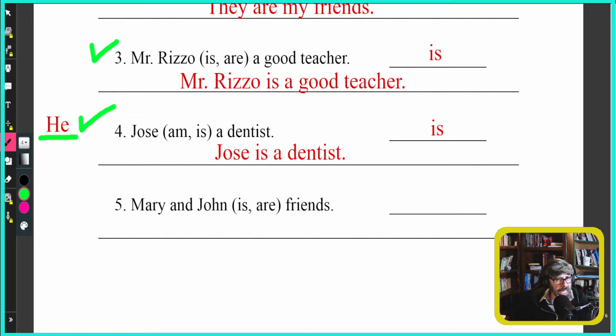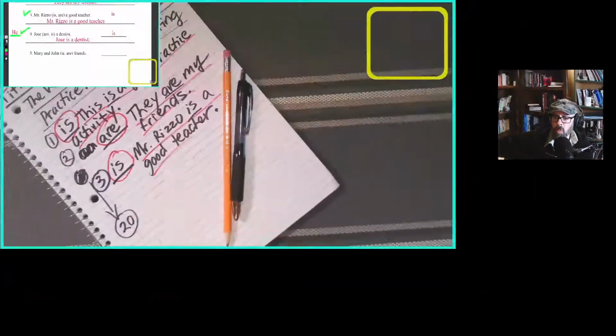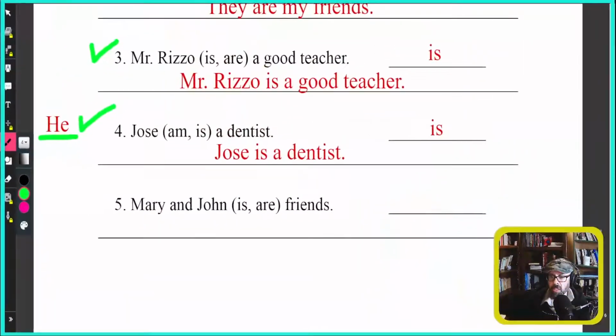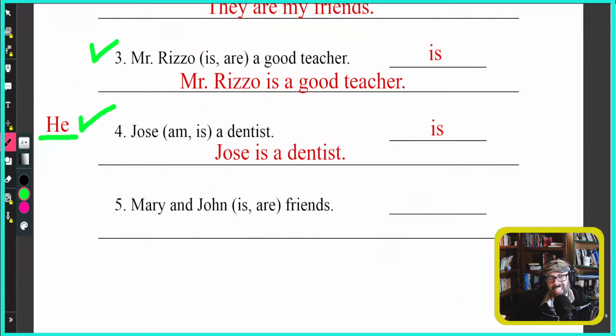Mary and John is or are friends? Which one is correct? Is or are? What will you write for number 5?